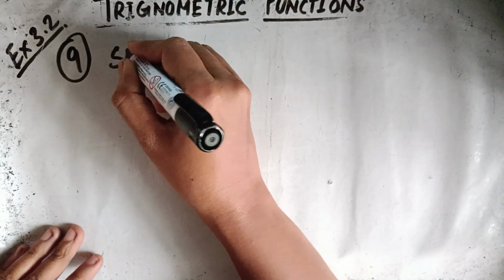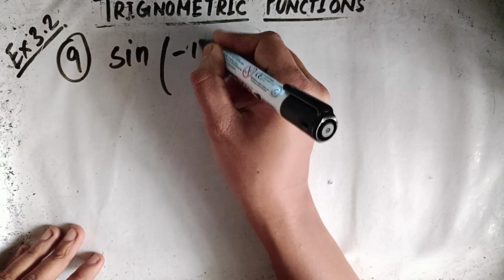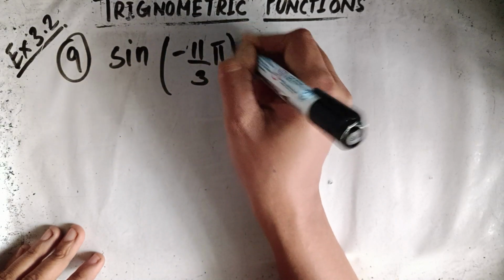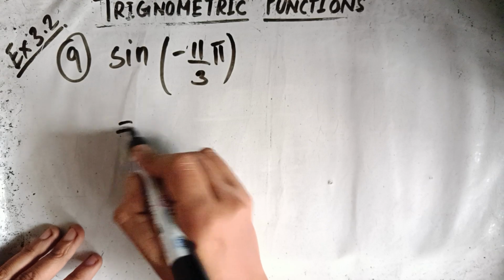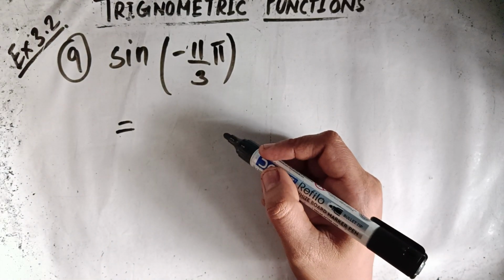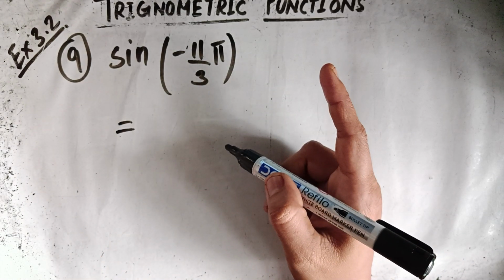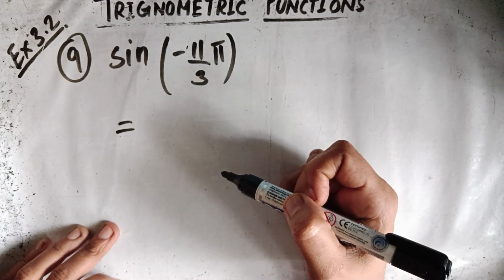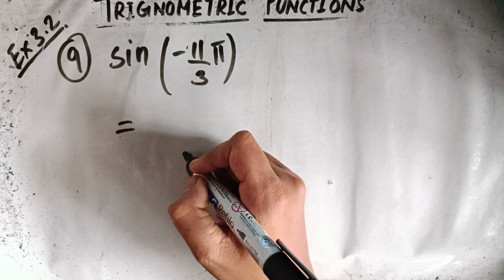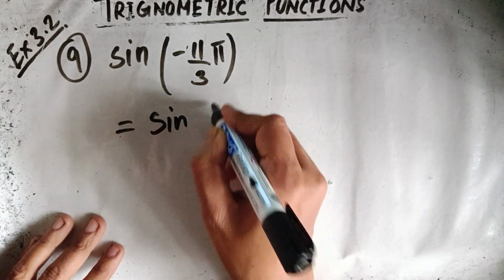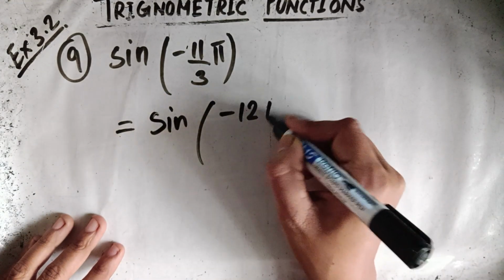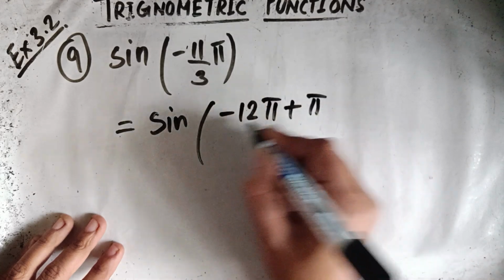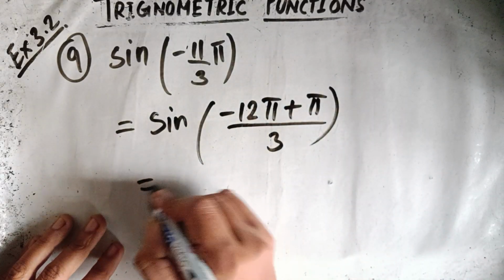Ninth, sine of minus 11 pi by 3. Okay. So minus 11 pi by 3. How you can write this? I can write this as sine of minus 12 pi plus pi upon 3. Right?